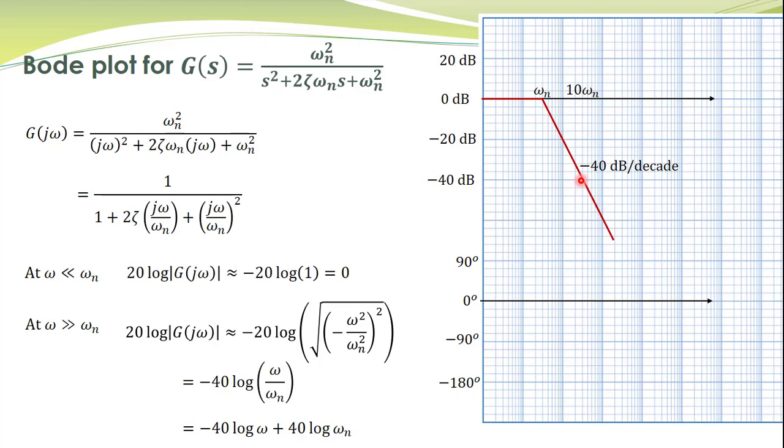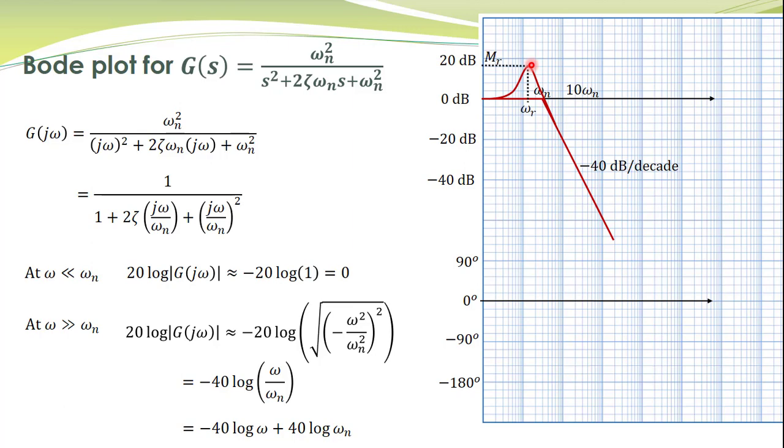For the first order transfer functions, we sketched the asymptotic Bode diagram, and those asymptotic Bode diagrams were fairly accurate. However, for this second order transfer function, the accuracy of this diagram depends upon zeta. So generally we have some peak in this magnitude plot.